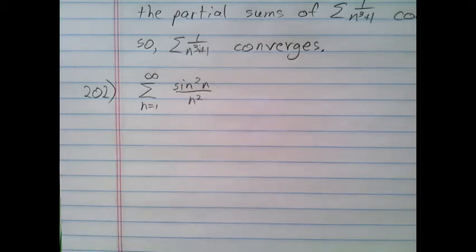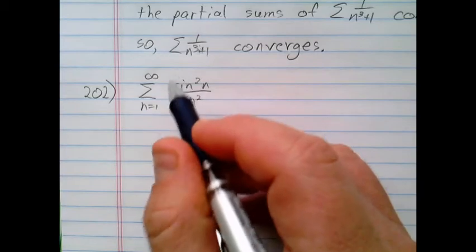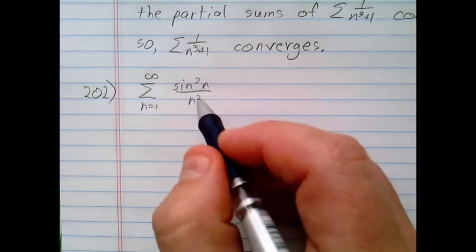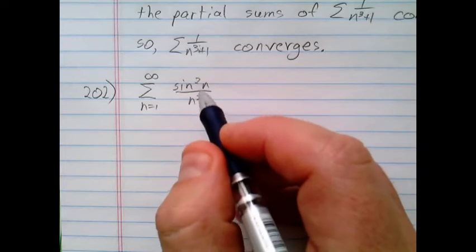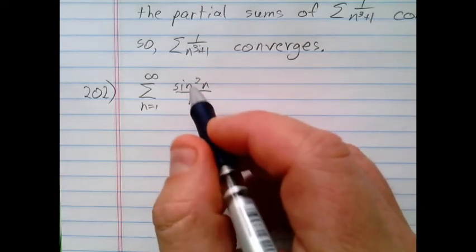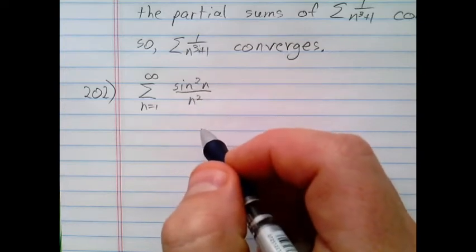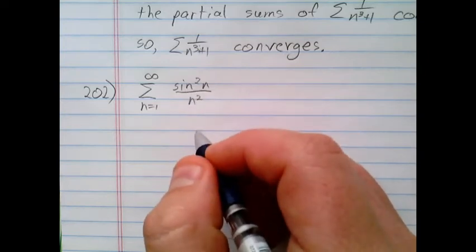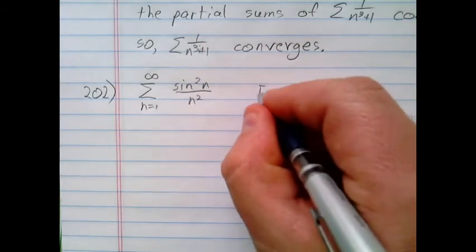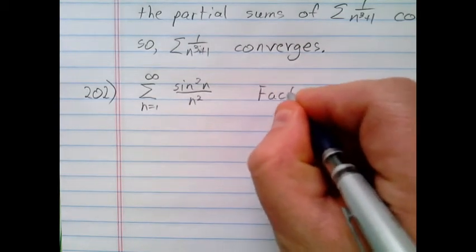So I need to be able to make an argument that these terms here are smaller than the terms of the convergent p-series, 1 over n squared. But I also need to make an argument that they're positive in order to use my comparison test. Here's a fact I'm going to use. This is something that you probably know.